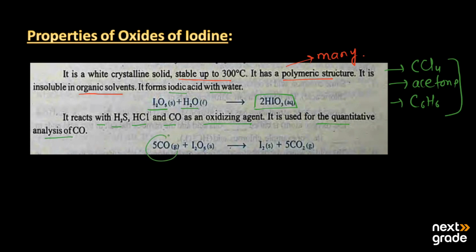Carbon monoxide gas, on reacting with iodine pentoxide, produces iodine and carbon dioxide. With the color of the iodine, we use it as an identification test for the presence of carbon monoxide, or for the presence of iodine as well.